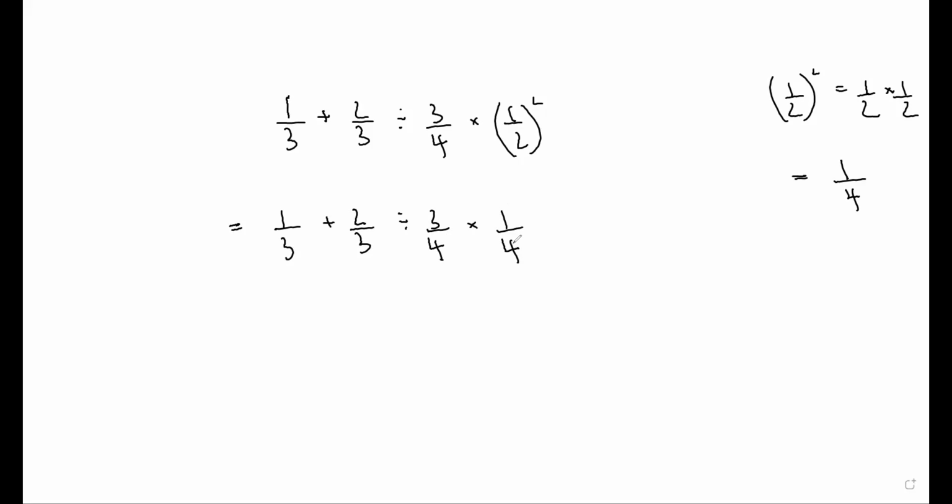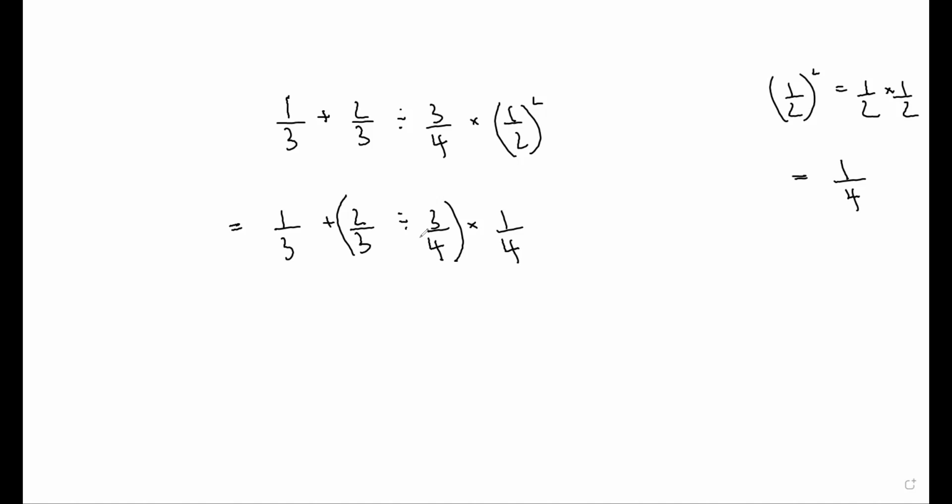So let's do the division part first. So hopefully everyone remembers how to do division with fractions. I'm just going to put brackets around here just so everyone knows exactly what part we're talking about. So we're focusing on this part. So we do division the way we always do it. First fraction stays the same.